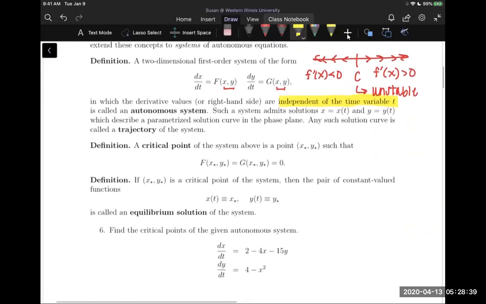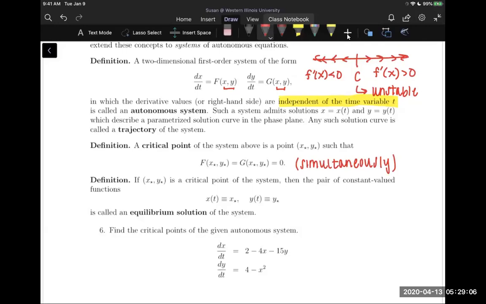So how are we going to find these critical points? Very similar to what we did in section 2.2, we want to set each of these equations, capital F and capital G, equal to 0 simultaneously. So they're equaling 0 at the exact same points, which is what I have denoted here by x sub star and y sub star. It's important that it zeroes out both functions at once.